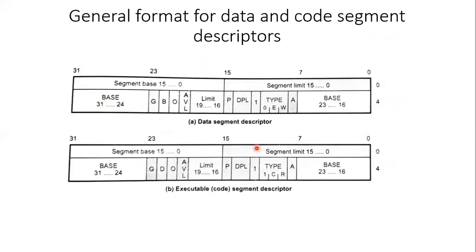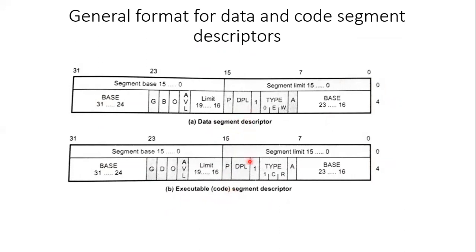Now this point is very important. There are two different general formats. One format is for the data segment descriptor and second is for the executable or code segment descriptors. Code and data are two segment descriptors that fall under the category of non-system segment descriptors.